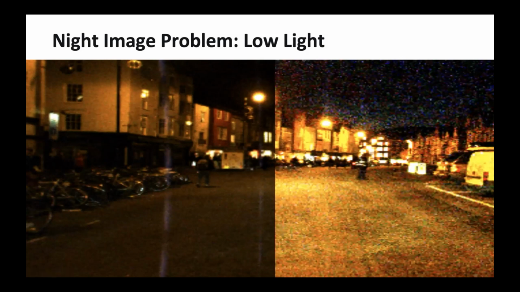Low light is not just low light. Of course, low light means that there is not much light coming to our camera, but also a noise problem. And the interesting thing about noise is that in some cases, noise can be differentiated from real signals or real structure.